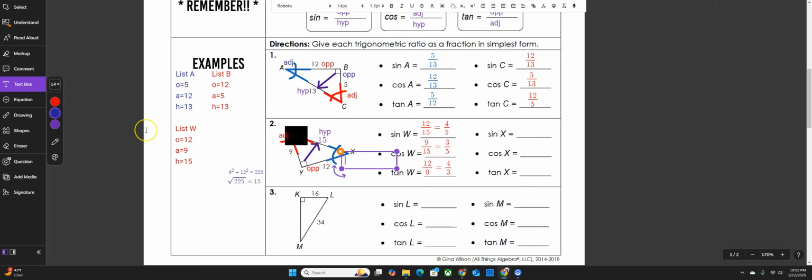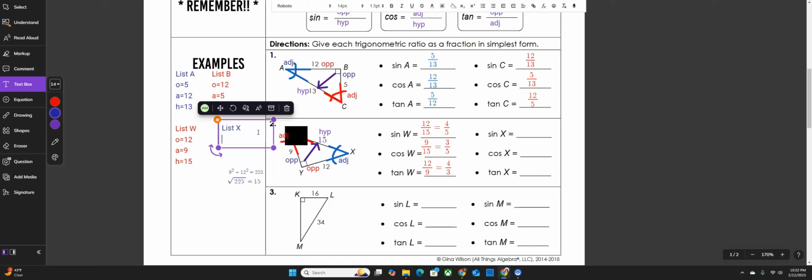Now this is a side that is touching the angle, so it is now our adjacent side. You may notice I'm using the same color to do the angle and the opposite and adjacent. And again, the side that is not part of that referenced angle is going to be the opposite side.